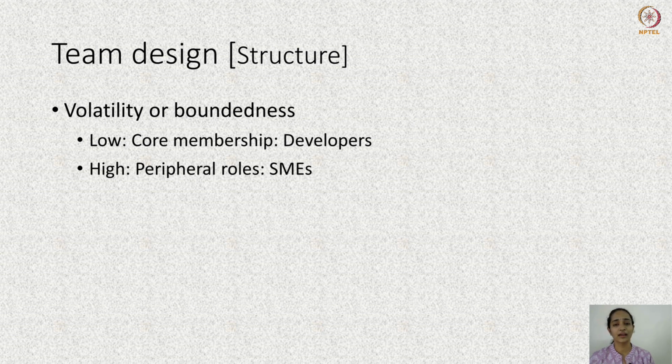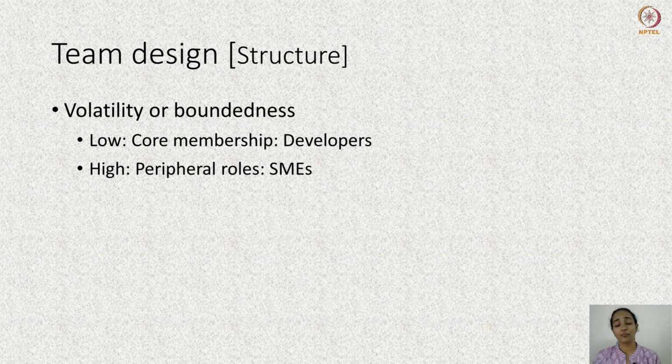And finally, in Agile teams, you will see that the boundedness is very high. That is, members will not have membership in multiple teams. They will usually be working in not more than one or two projects at any given point in time.